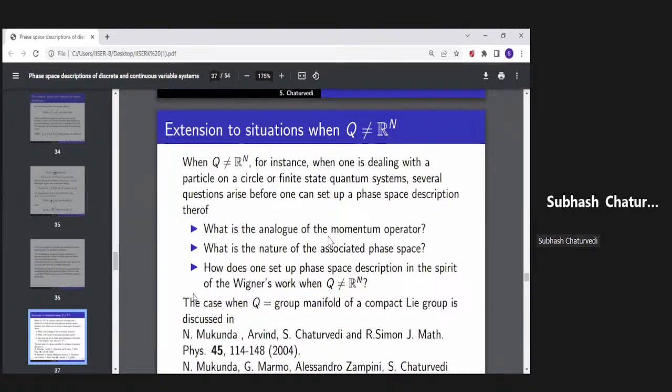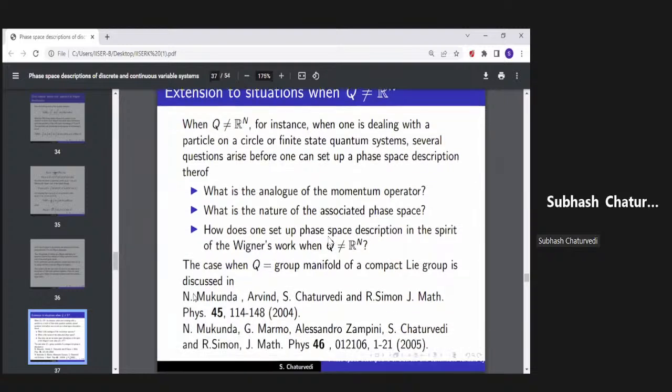In quantum mechanics, this ceases to be so, and one has to define what is meant by a phase space in the quantum context. So here I'm just indicating to you some work that we have done in the context of configuration spaces which are group manifolds of a compact Lie group.